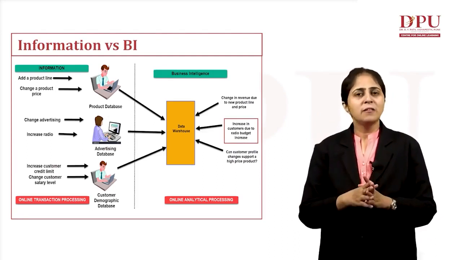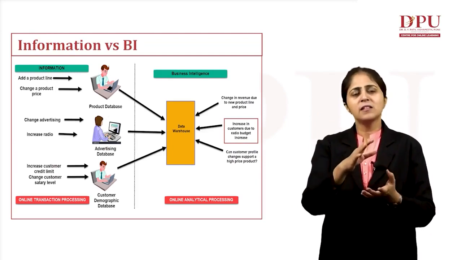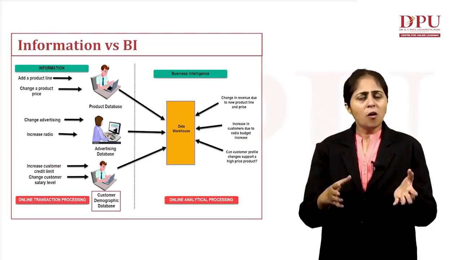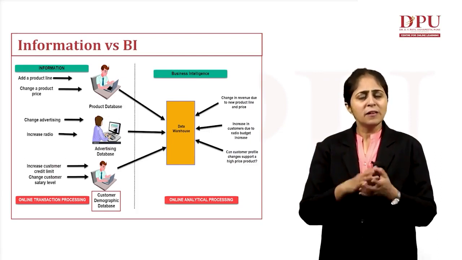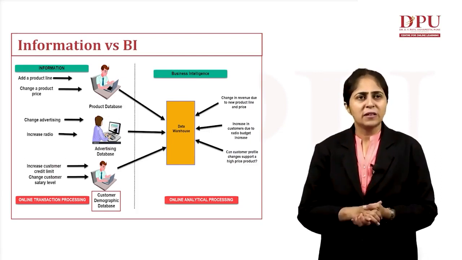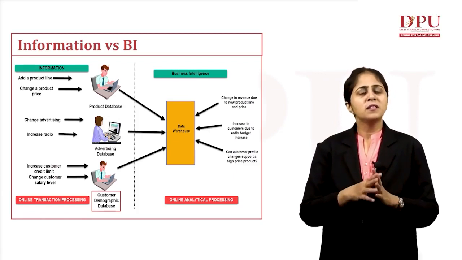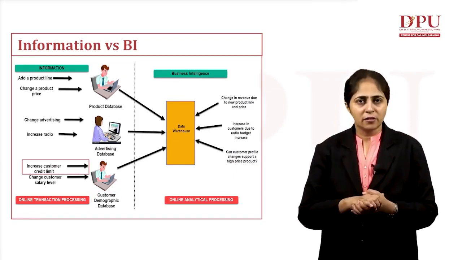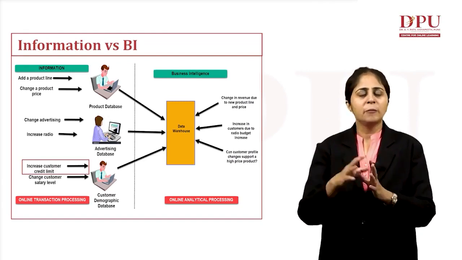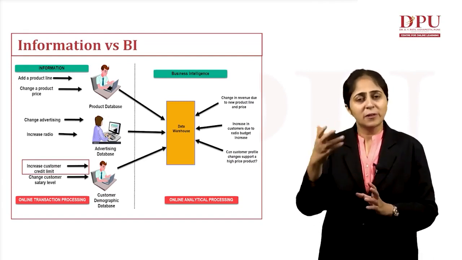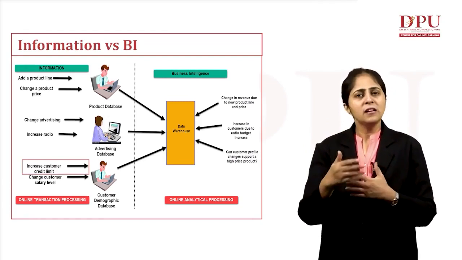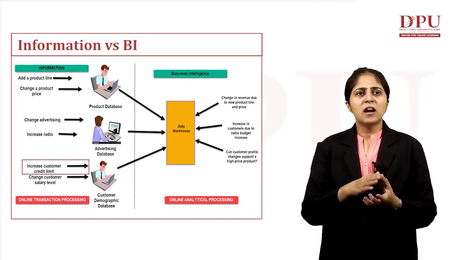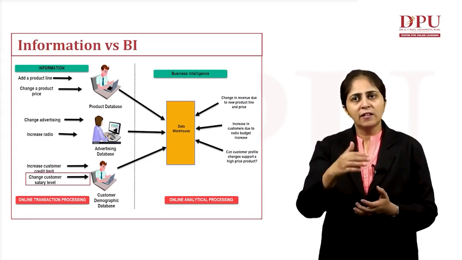In a very similar way, there is a customer demographic database where all the data about the customer is maintained. Now, the manager there decides to increase the customer credit limit, so that the customer can make more purchases, or we can change the customer salary level.